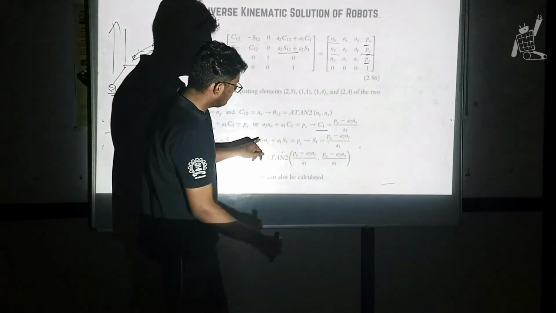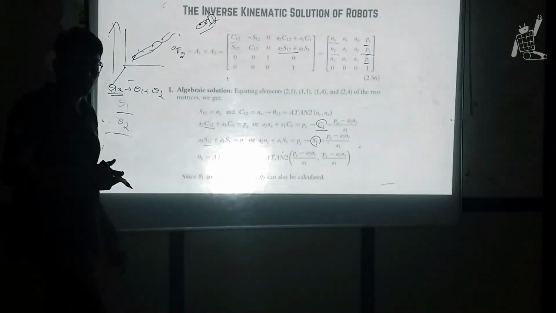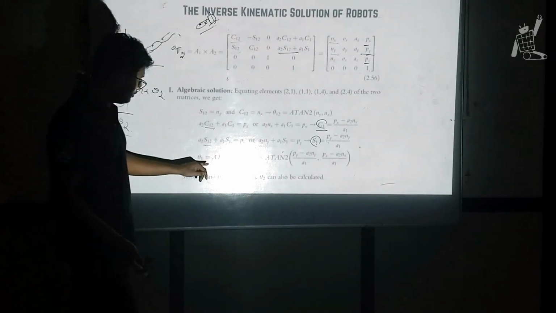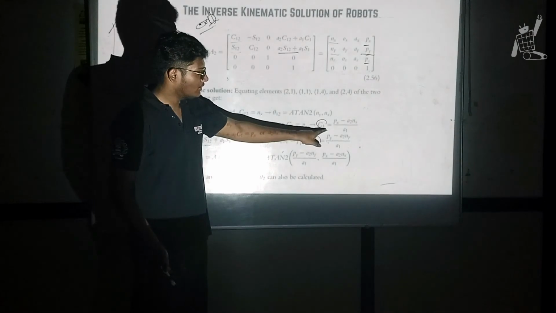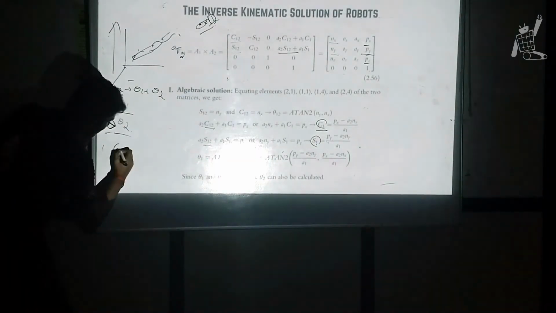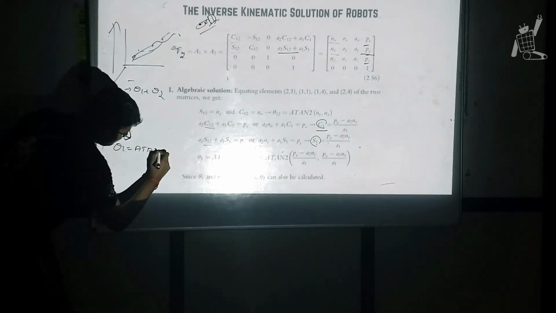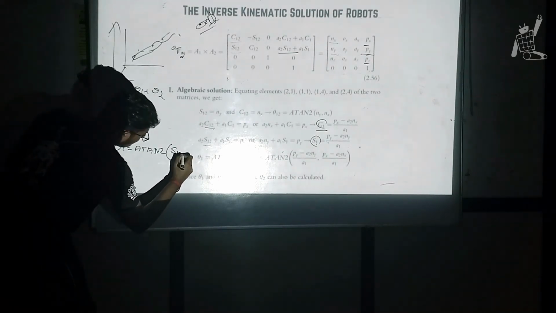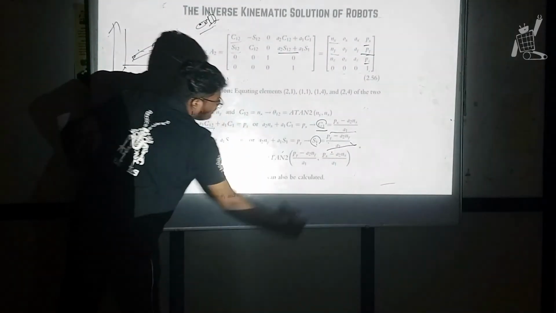So now you got cos theta1 and sin theta1. Again you can apply the atan2 function. So theta1 will be atan2 of s1, c1. Substitute these values because these are known values.